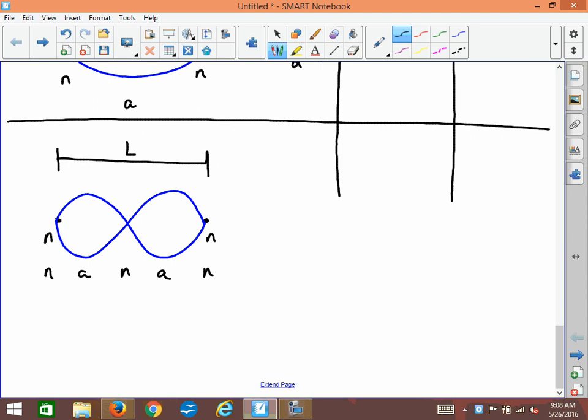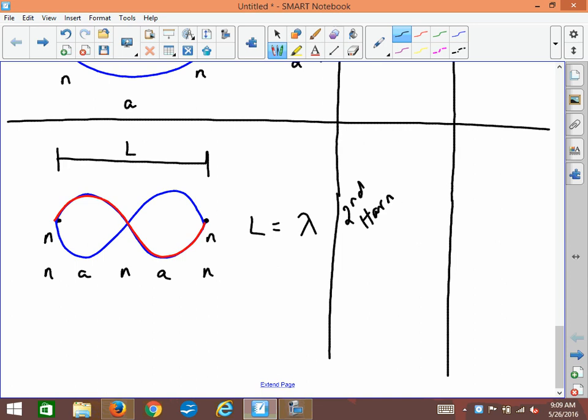But now something has changed in our relationship. The length of the string is no longer a half a wavelength. There I can see that we're squeezing an entire wavelength into the string. So the length is equal to a lambda, not a half a lambda anymore. This would be called, if we continue our little chart, the second harmonic, or the second possible standing wave pattern.